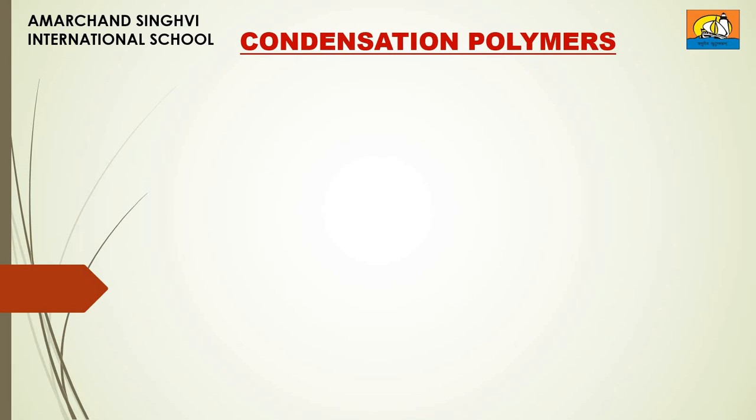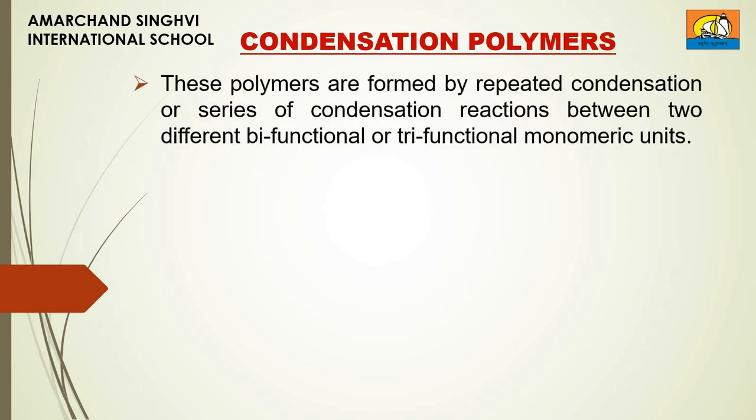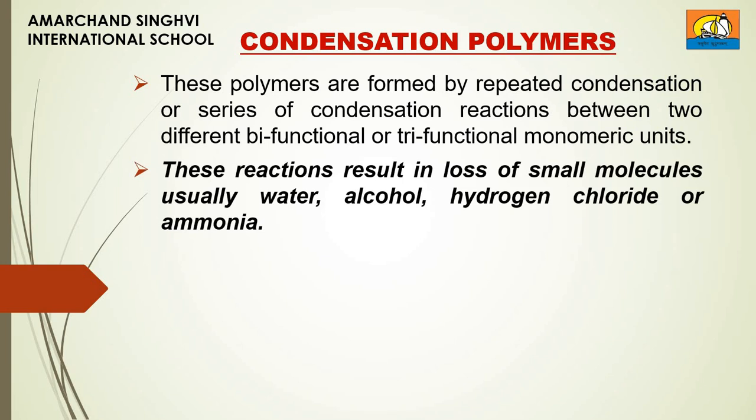Let's now talk about condensation polymers. These polymers are formed by repeated condensation or series of condensation reactions between two different bifunctional or trifunctional monomeric units. These reactions result in loss of small molecules, usually water, alcohol, hydrogen chloride or ammonia, and that is why we call them condensation polymers.